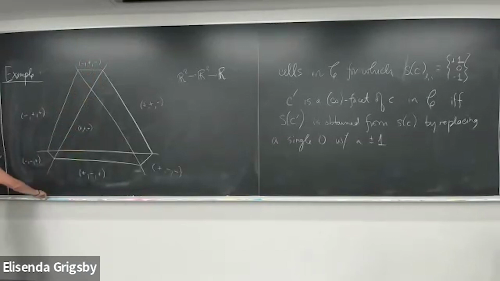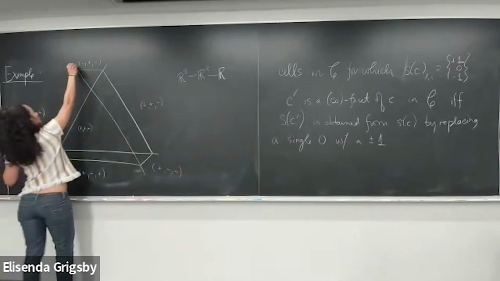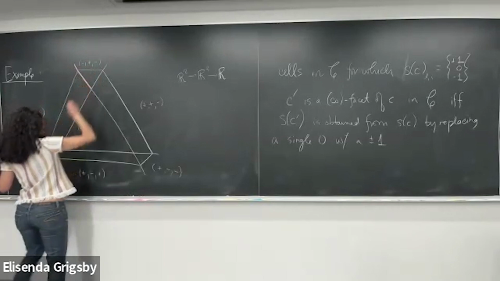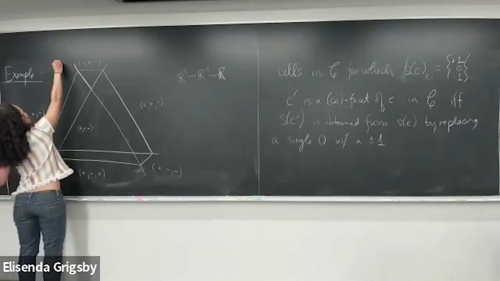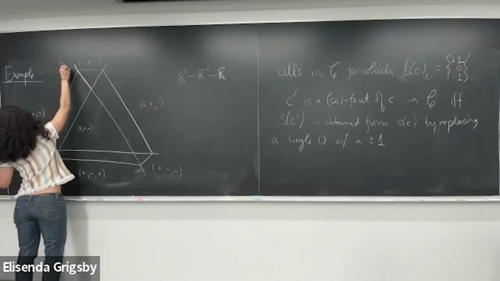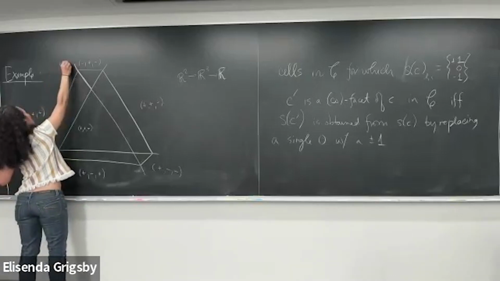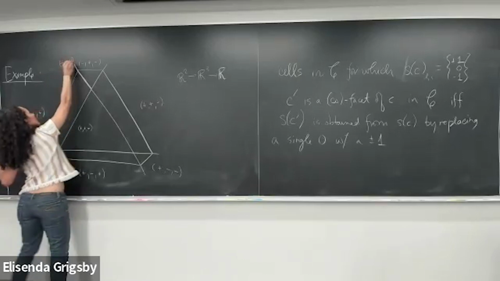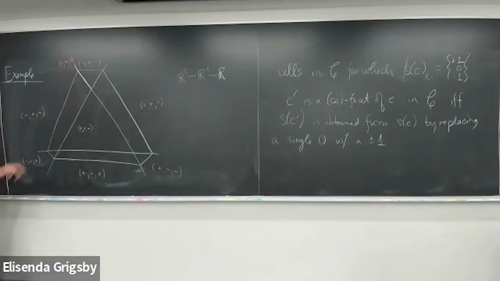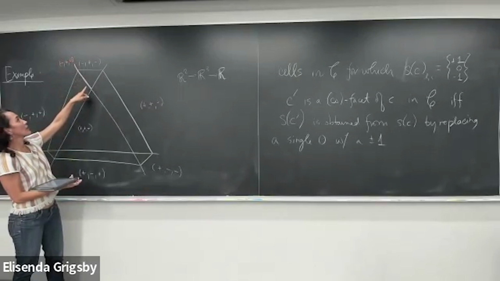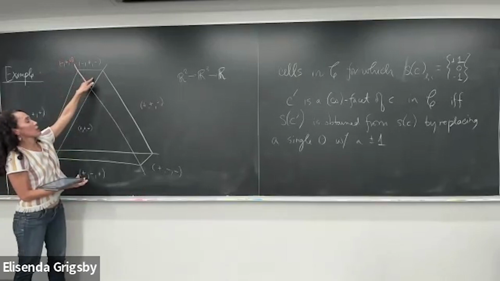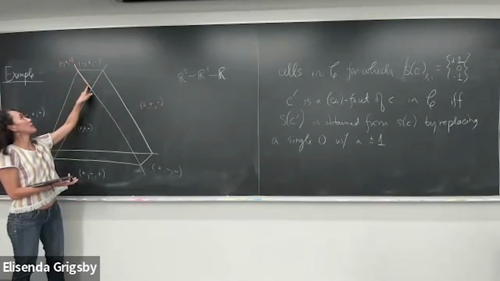And then I'm not going to draw everything, but for example, this one cell, before you put in the green, would be labeled with minus, plus, 0. So before you put in the green, this is a co-face of this.